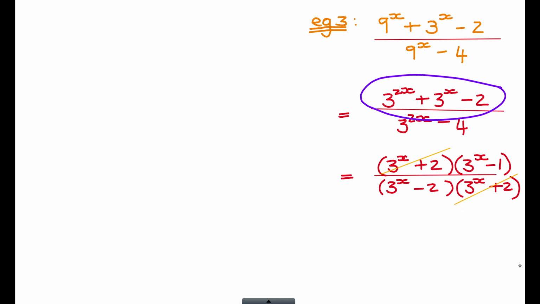No? So then what remains is 3 to the power x minus 1, 3 to the power x minus 2. Okay, sorry. And it could not go further than that, no. That is basically then my answer.